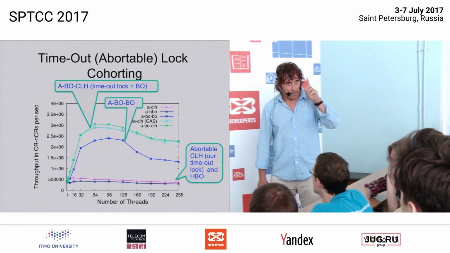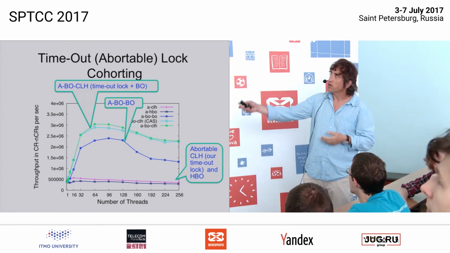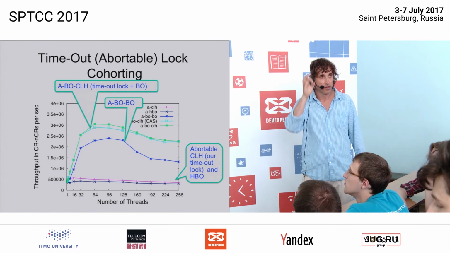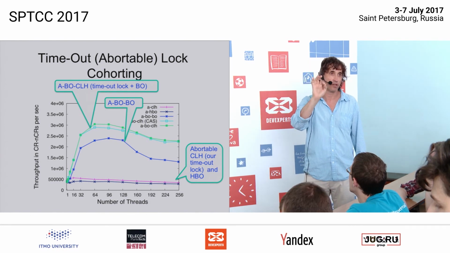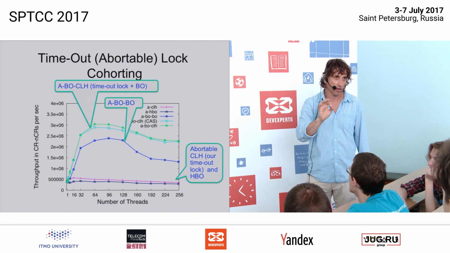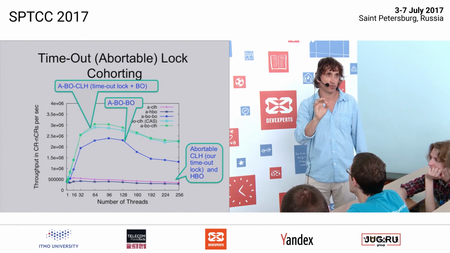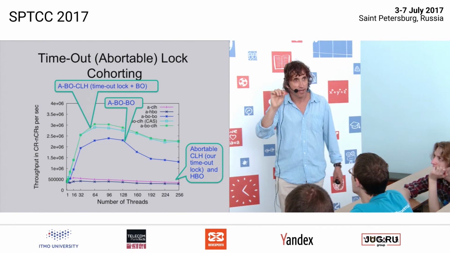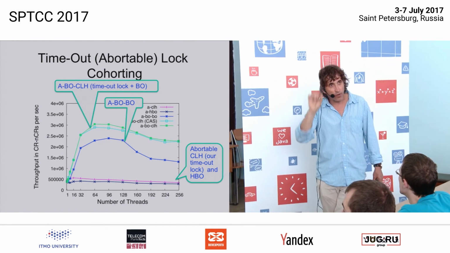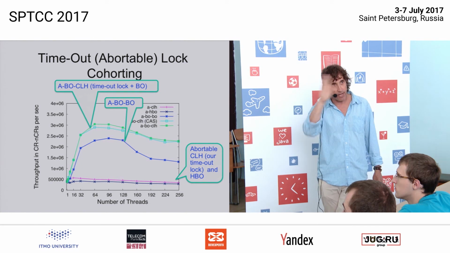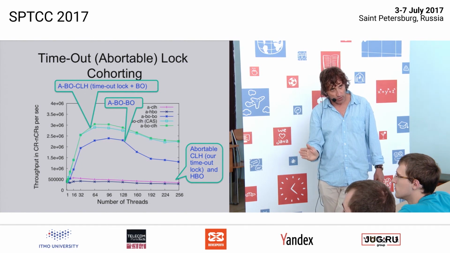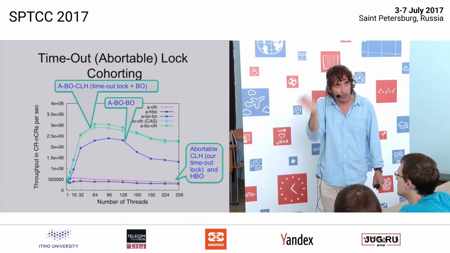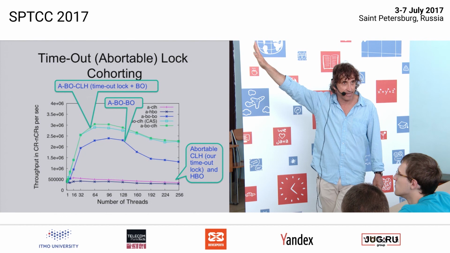So I hear you, but remember, this performance gain is not from the actual reduced overhead of the lock. This is because the cache lines are not moving. So the advantage of using a cohort lock is that what you're avoiding is the thrashing of the cache lines between the nodes. Okay? And what I'm trying to achieve is to avoid the thrashing with as low overhead as I can get.